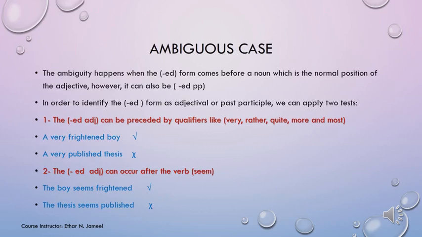That is why published is not an adjective, because we cannot say the thesis seems published, and we cannot say a very published thesis. So published is not an adjective. And because it is not an adjective, the ed is not ed adjectival. It is ed past participle.